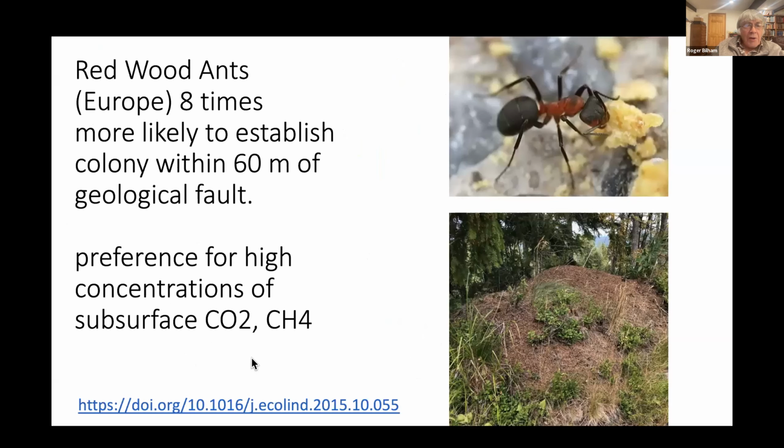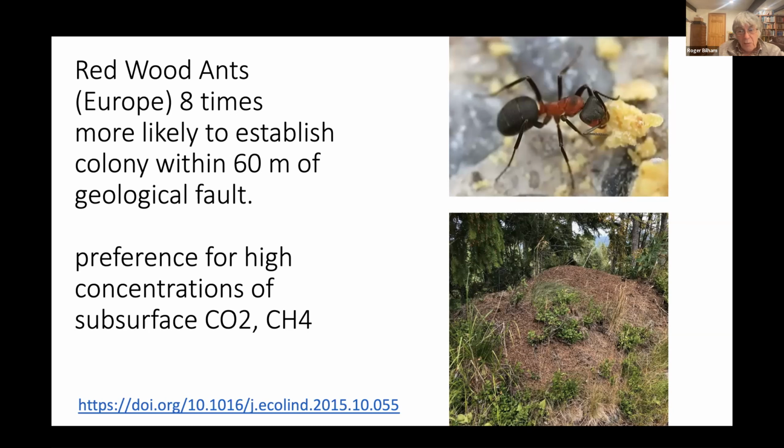So how do you find where to put your gas monitoring? Well, the clue may come from a surprising source. In Europe, they find that red ants or redwood ants, these are not redwood ants, by the way, the redwood ants are not here. They are confined to Europe, but they're 8 times more likely to build their nests within 60 meters of a geological fault.